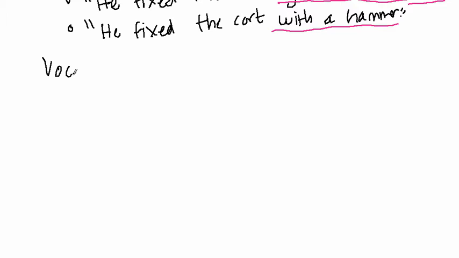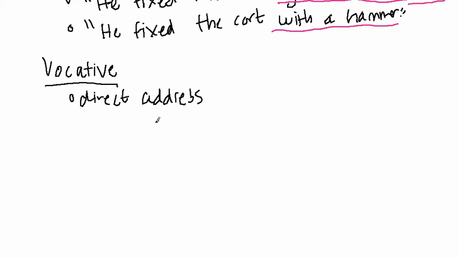And like I said before, vocative and the next one, locative, are pretty rarely used, so I wouldn't worry about them for now. It's just good to have a solid understanding of them under your belt. Okay, so vocative is used for direct address. And basically what that is, if you're directly addressing someone, their name would be in the vocative case.